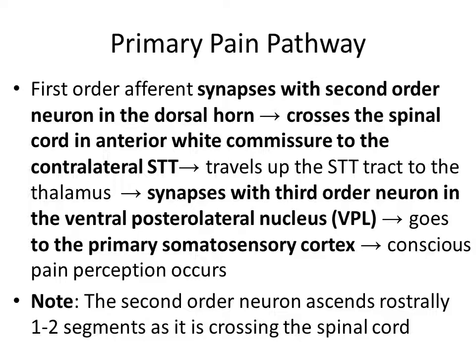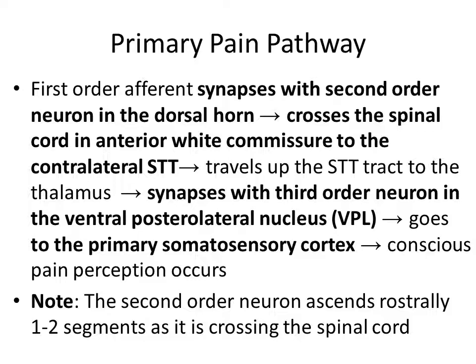So to summarize again, we have our first order afferent. It's going to synapse in the dorsal horn with a second order neuron. The second order neuron is going to cross the spinal cord through the anterior white commissure and enter the spinothalamic tract on the opposite side of the spinal cord. It's going to ascend up in that tract all the way up till it gets to the thalamus of the cerebrum.